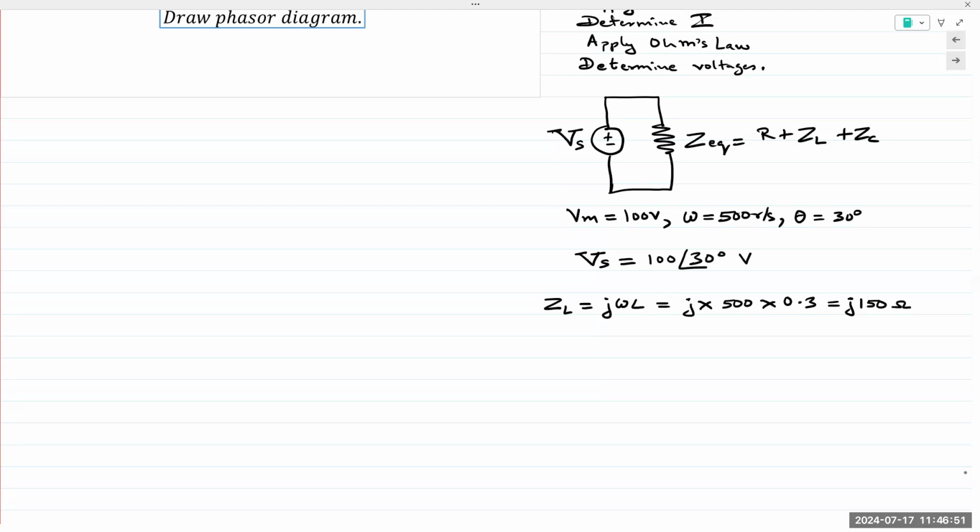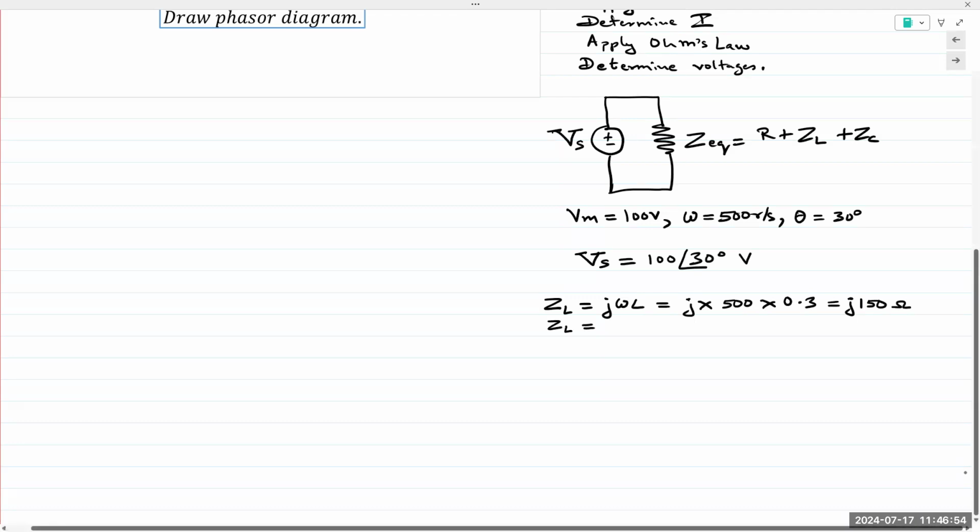Writing out the polar coordinates is straightforward too. It's simply the product of omega L with the angle of plus 90. So it's 500 times 0.3 with the angle of plus 90, which becomes 150 with the angle of plus 90 ohms.